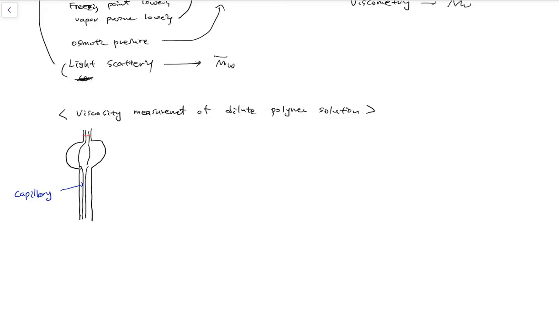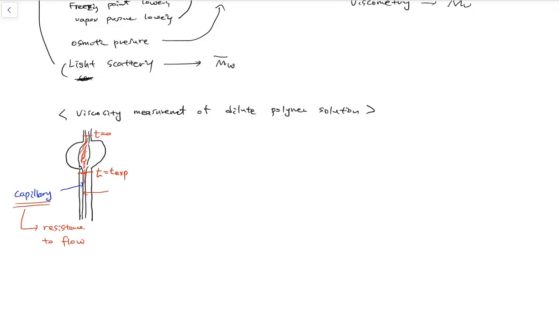We pour the polymer solution at time 0, and it flows through, and we measure the time of the experiment. We can experimentally measure the time between the beginning of the pouring and when the solution touches this point. This narrow capillary provides resistance to flow.